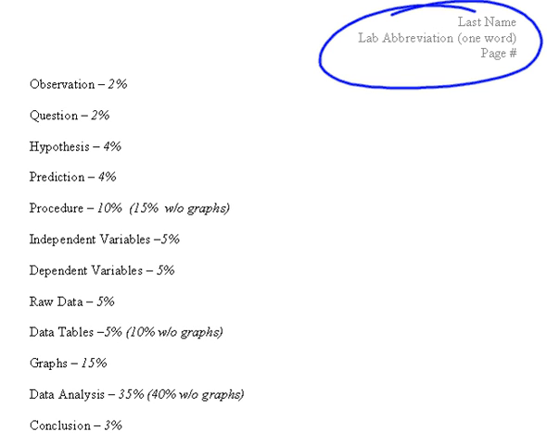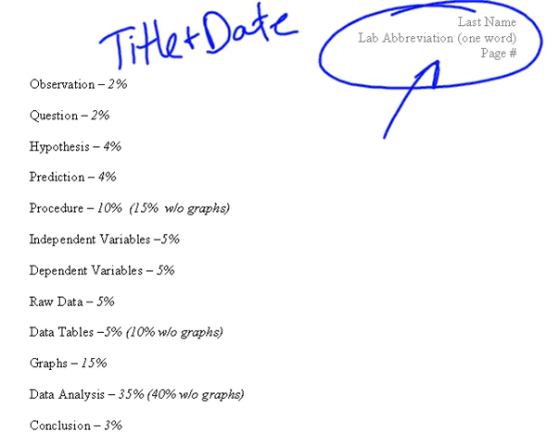All right. So with that said, let's go ahead and go to your format. Every lab must have a title and a date. Okay, title and date. That only needs to go on the first page of your lab. It does not need to go on every page. Only the header stuff goes on every page.